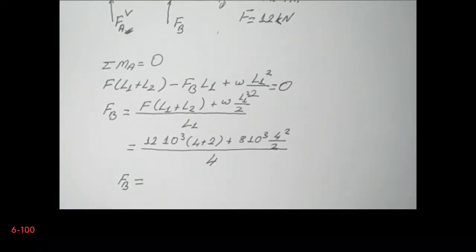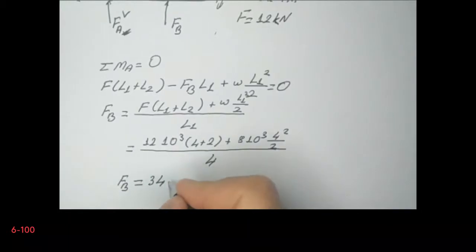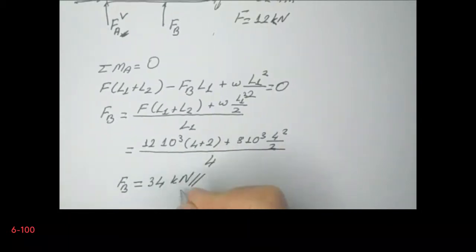So it is 34 kilonewtons. This is the value for the FB. Okay, now I find the FB.